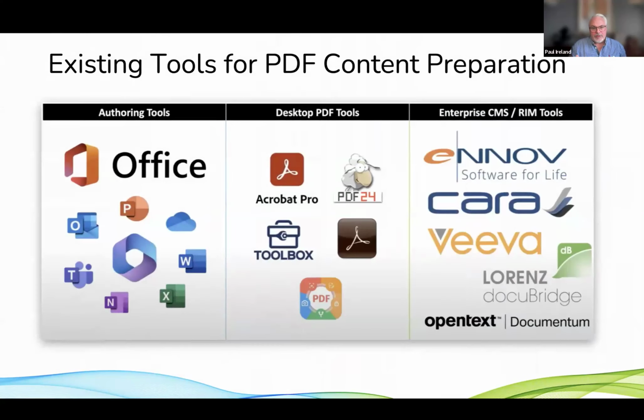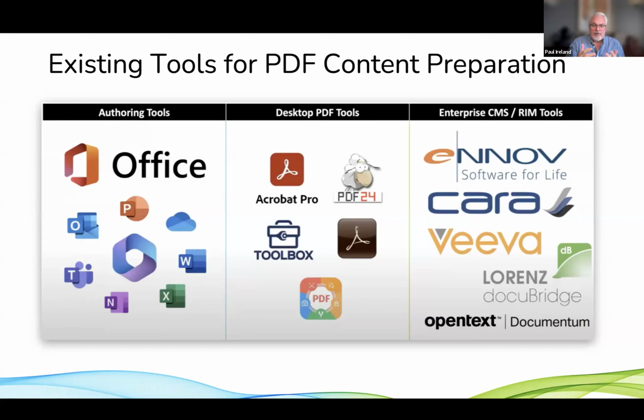Again, the tools you use depend very much on the platform you're using. You may well use tools like Office, or your RIM or document management platforms, to generate the PDF in the first place. Depending on the tool, how close that is to being compliant can vary greatly. It can be everything from a very dumb PDF that needs a lot of manipulation to a PDF that at least has some compliance elements included.